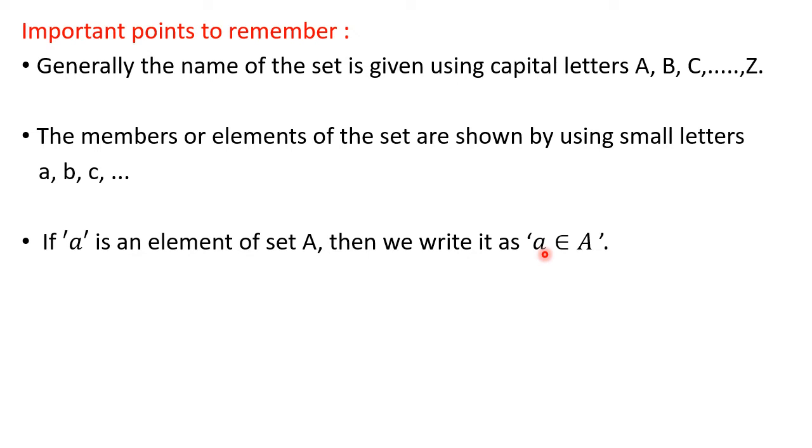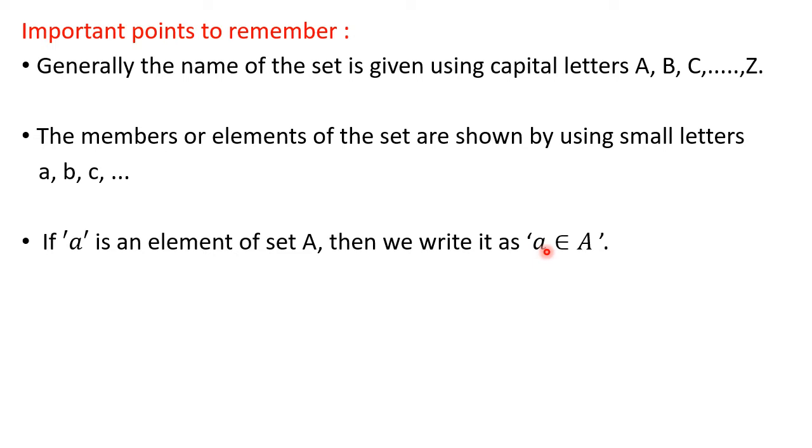The next point to remember is if a is an element of set A, then symbolically we write it as a belongs to A. See this E-like symbol, it's not E, it's a Greek letter called epsilon. So small a belongs to capital A, because the name of the set is written in a capital letter and the member or element of the set is written in a small letter.